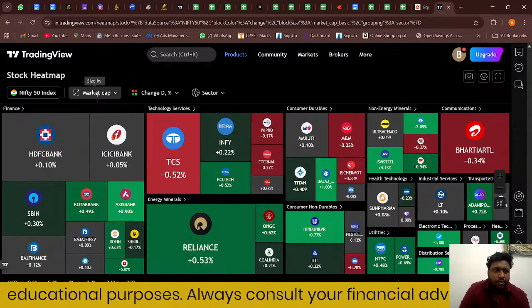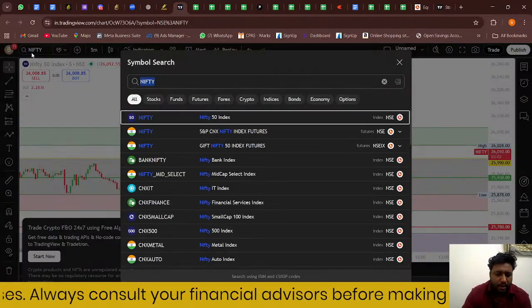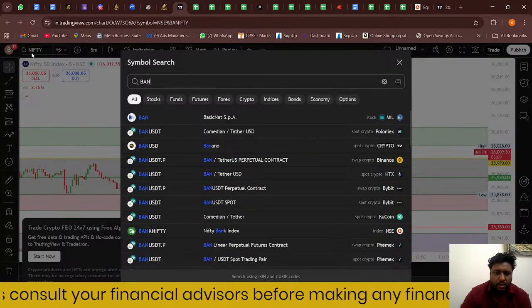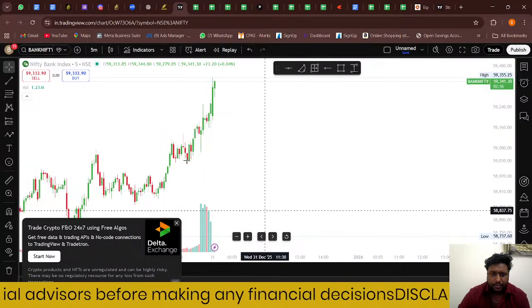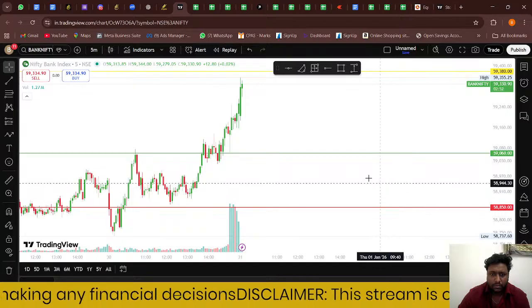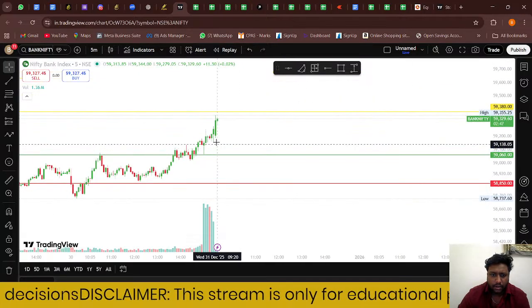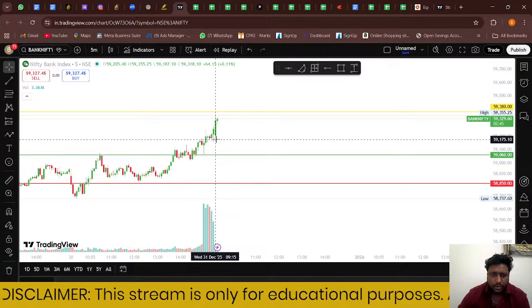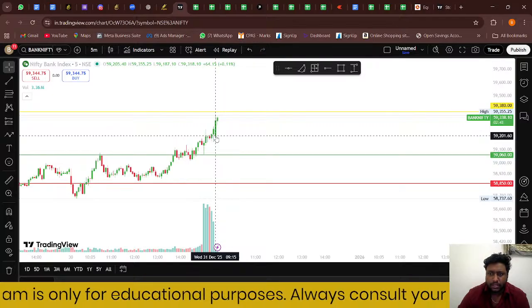We'll wait for the first initial minutes for the market to settle. We'll have a look at Bank Nifty. Bank Nifty also started between the pivot line and resistance 1.